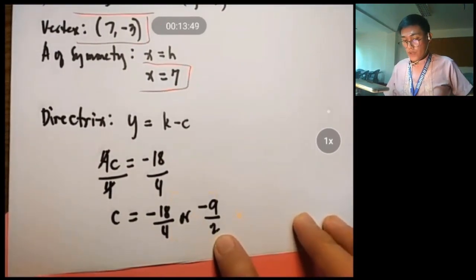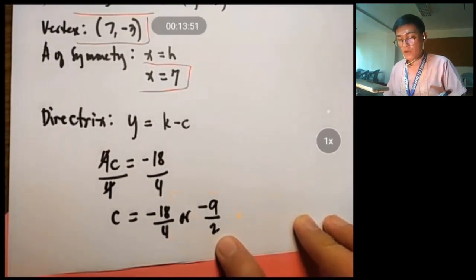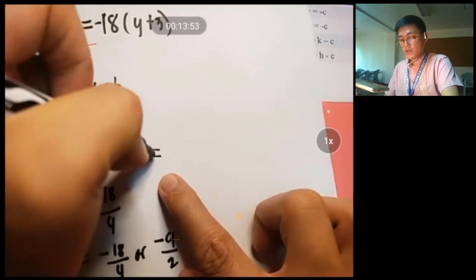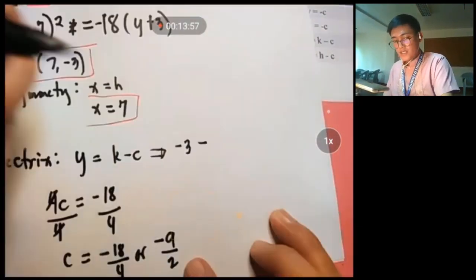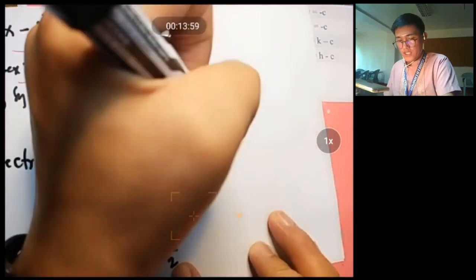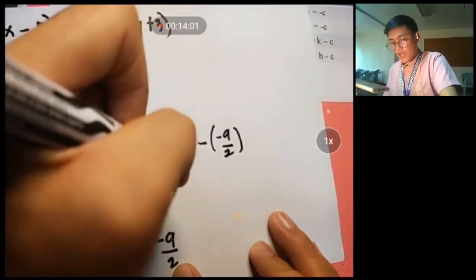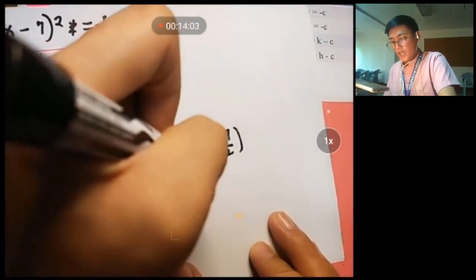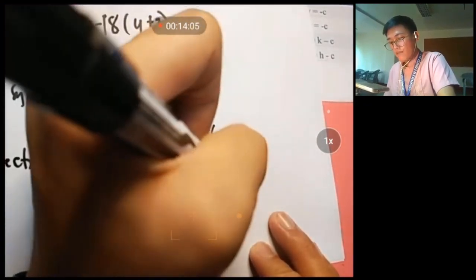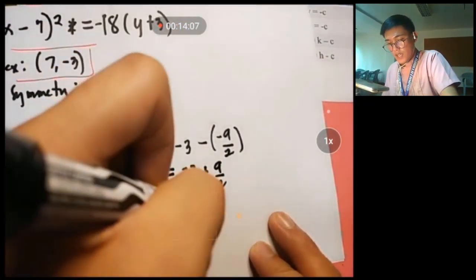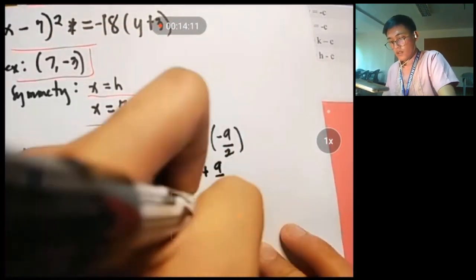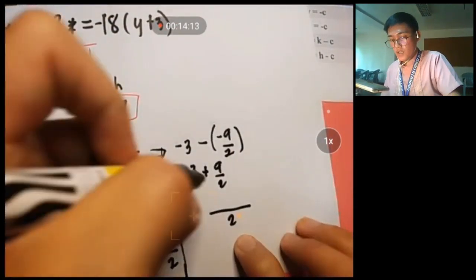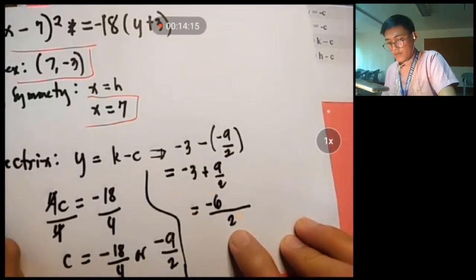Okay, let's continue here. Since we have now our letter C, it's our time to put it in this equation. Our K is negative 3 less our C is negative 9 half. Then that would be negative 3 plus 9 half. Then 2 times negative 3 is negative 6 plus 9.